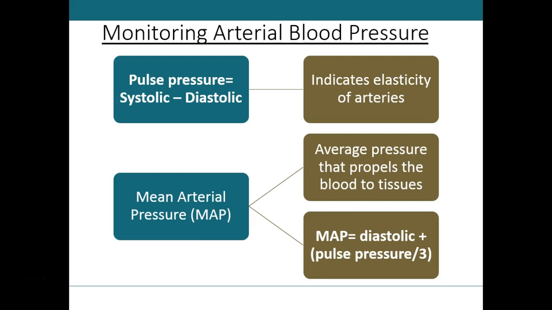Not that any of them are not important, but the brain, the liver, the heart. So low mean arterial pressures can mean that you're not having sufficient tissue perfusion. If you have a high mean arterial pressure, this can be indicative of some types of vascular damage, such as atherosclerosis, or something that's increasing those pressures.